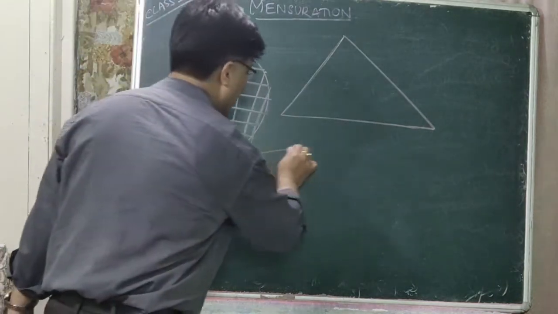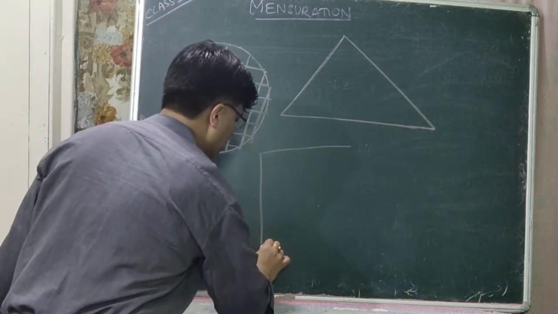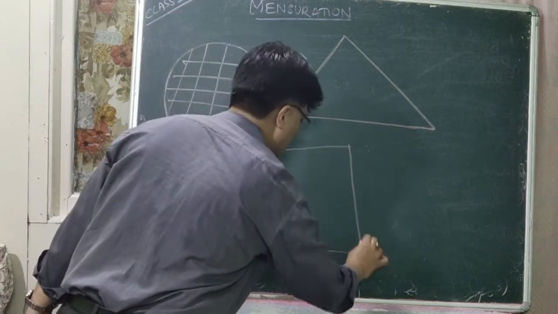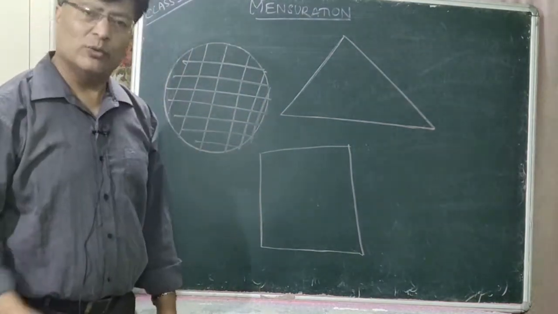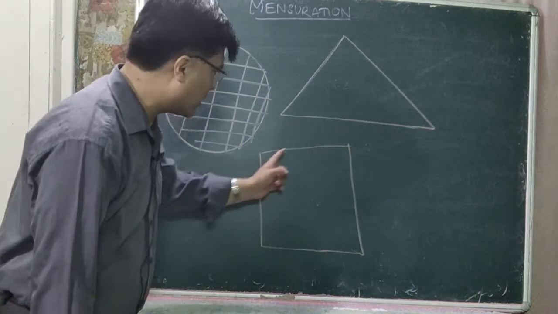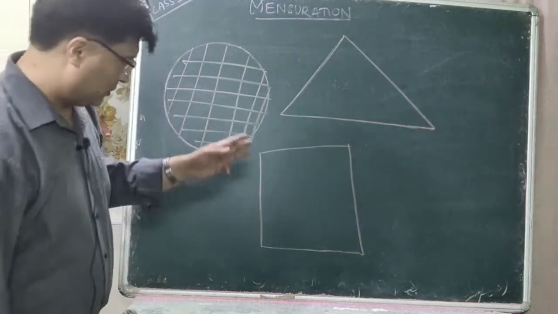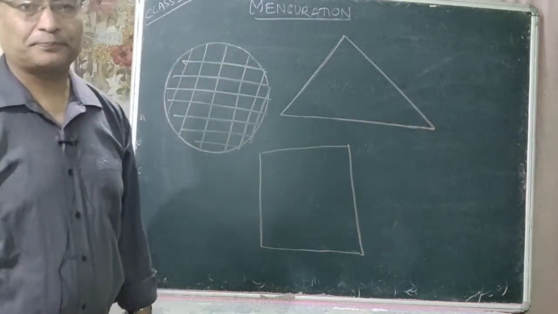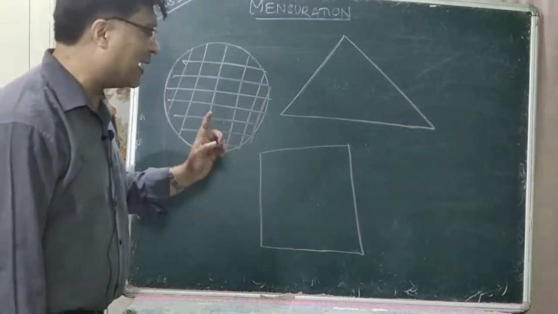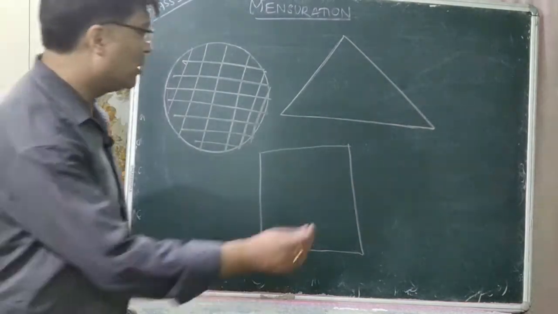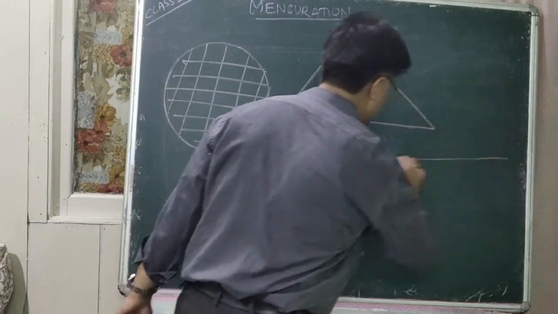If you draw a square, it means all sides are equal. Figure bounded by 4 sides whose all sides are equal and each corner angle is 90 degrees. And for this square, we can measure the area and the perimeter of the square. You can draw a rectangle, isn't it?